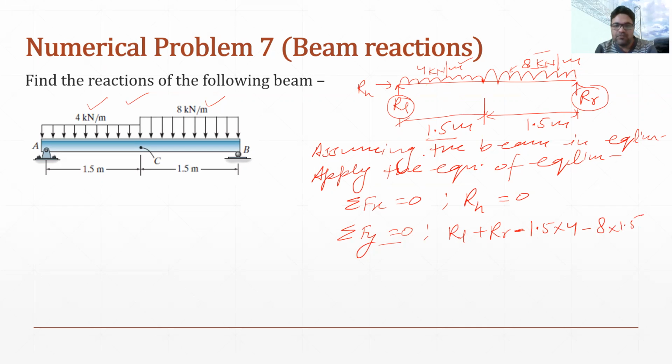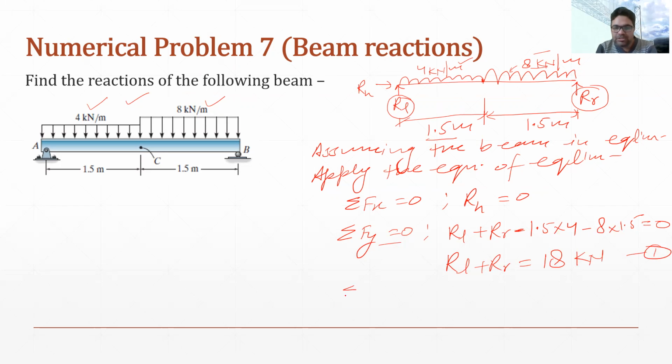So there are only 4 vertical forces. Equating them to 0, we can write RL plus RR is equal to 6 plus 12, which is 18 kilonewton. We will take this as equation 1.